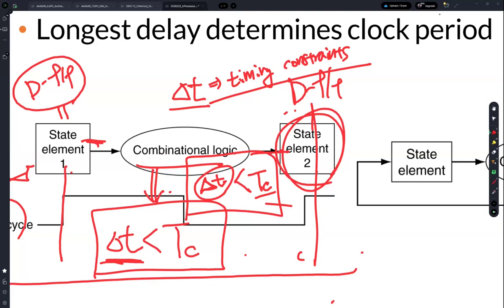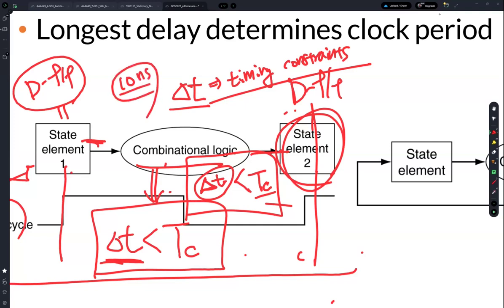actually the delay of this combinational logic determines the clock period. Right. So let us assume that you are designing a combinational logic, and your design exhibits 10 nanoseconds of delay.